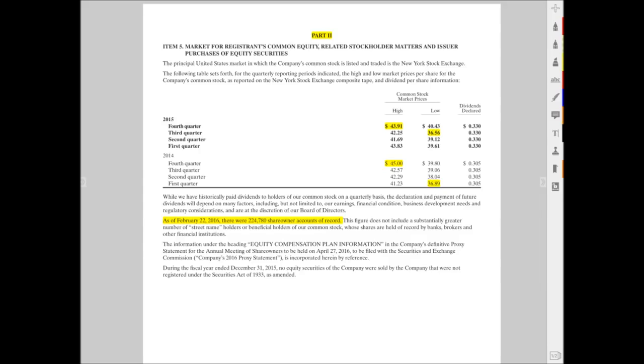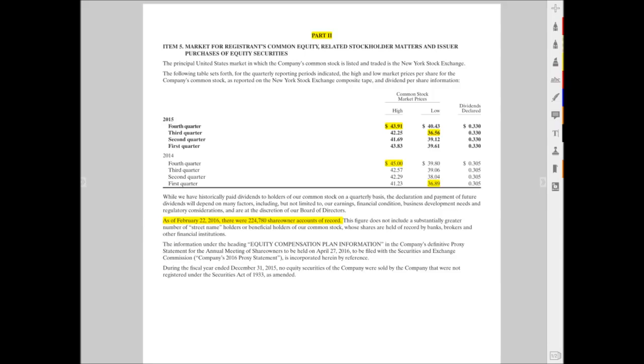Now, this is backwards looking. Who knows, forward looking, if this will hold true. You certainly don't want to make any investment decisions based strictly on this information. But if you're an investor out there wondering what price should I buy Coca-Cola at, this page right here can give you some information about that.